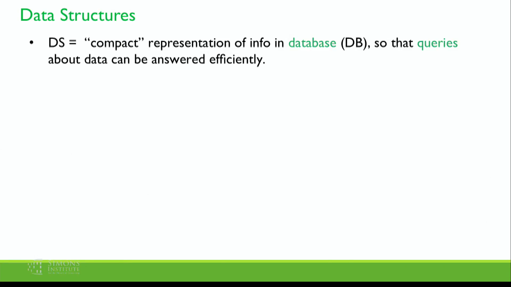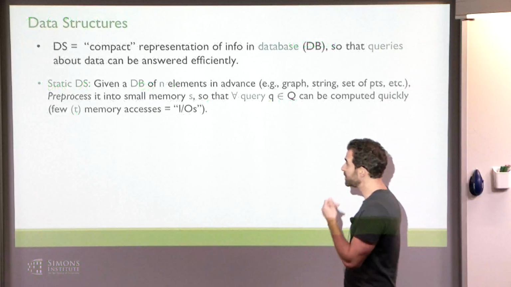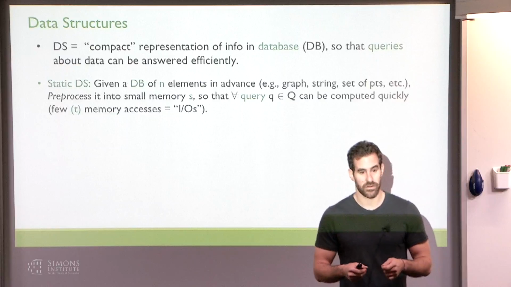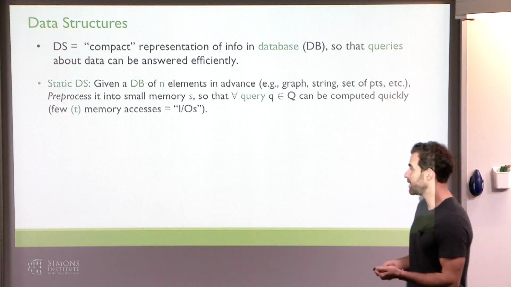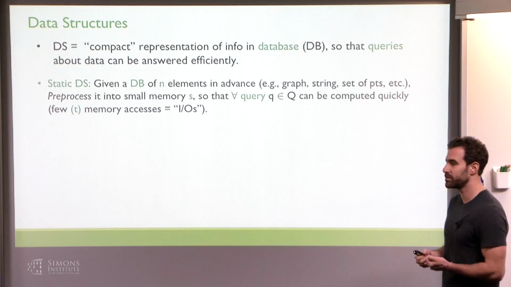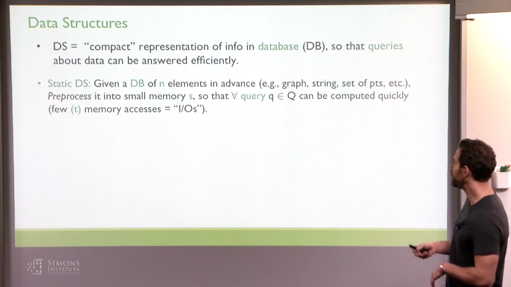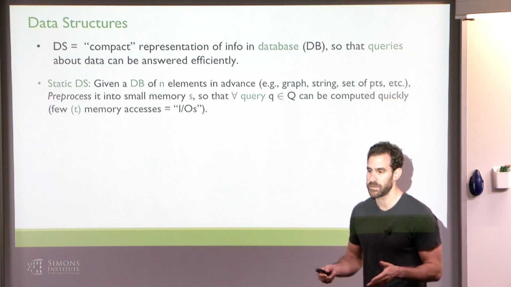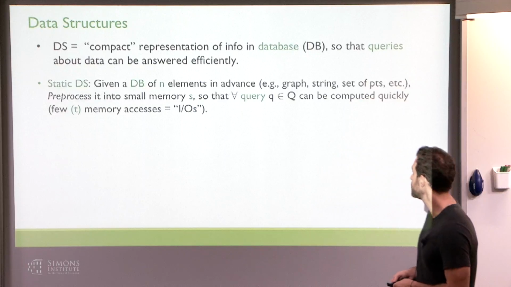All right, so this talk is going to be mostly about data structures. A data structure is basically just a compact way to represent or encode information in a database so that queries about the underlying data can be answered quickly. In the static data structure model, we are given a database of n elements, and this could be essentially anything you can think of: an n-vertex graph, an n-bit string, a set of points in some high-dimensional space.